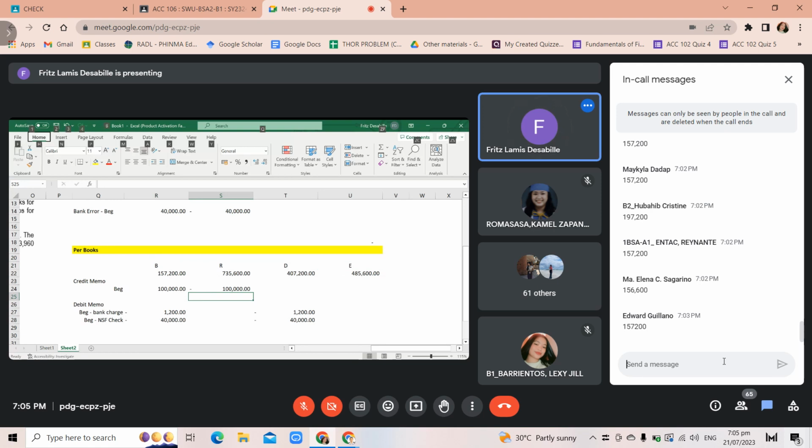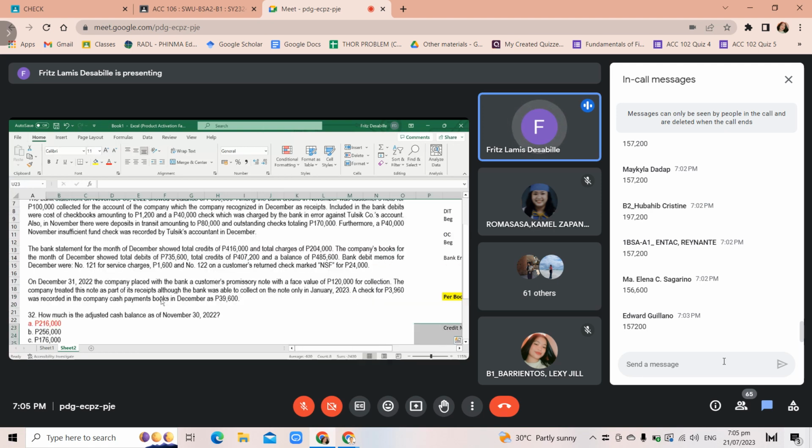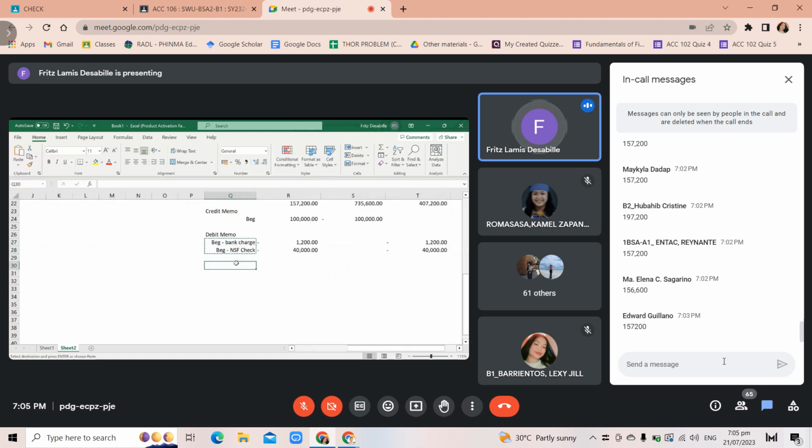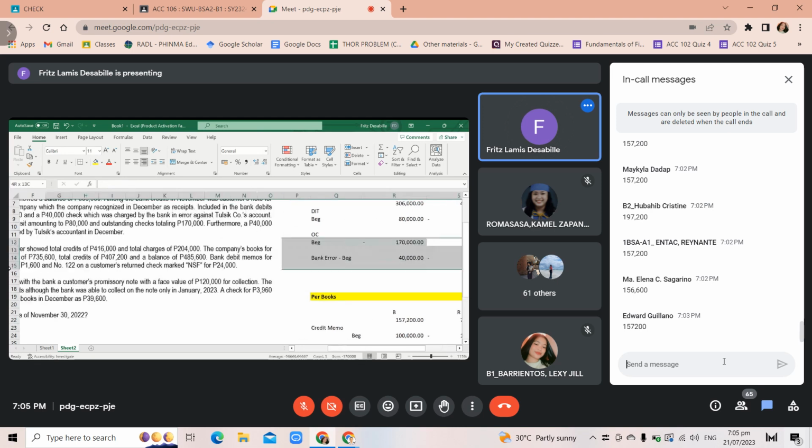Okay. It's 157,200. So bank debit memos daw, so DMs for December were service charges and NSF check. So I'm just gonna put here debit memos, but this time these are ending debit memos, bank charges, and NSF check. And nag-red mo siya. NSF. Right?